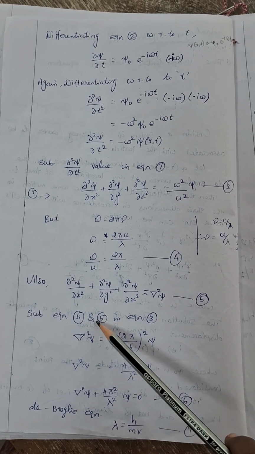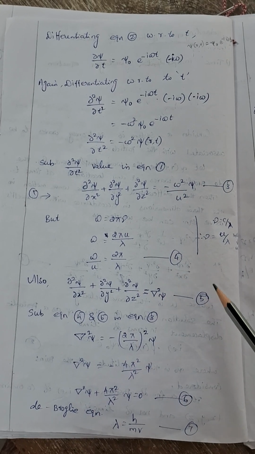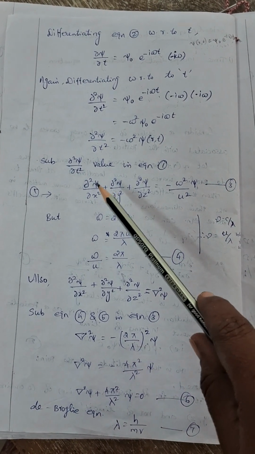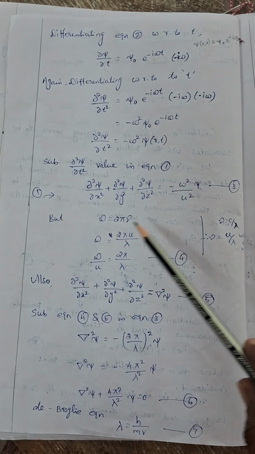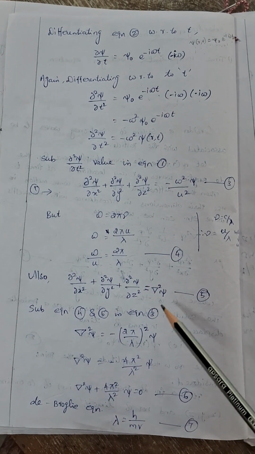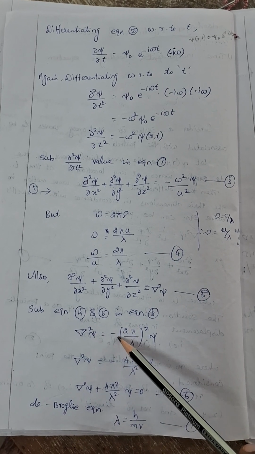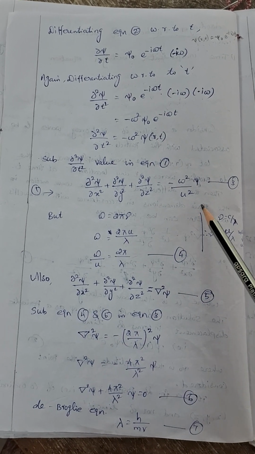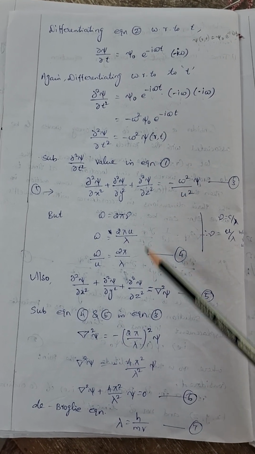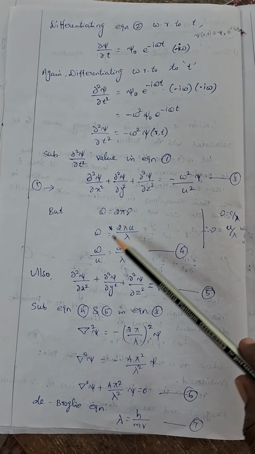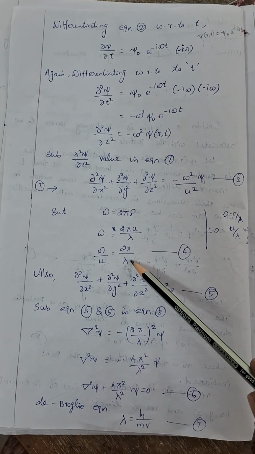So substitute equation number 4 and 5 in equation number 3. Instead of the left hand side, using equation number 5, ∇²ψ is equivalent to equation number 3: minus ω²/u², and ω/u is 2π/λ.